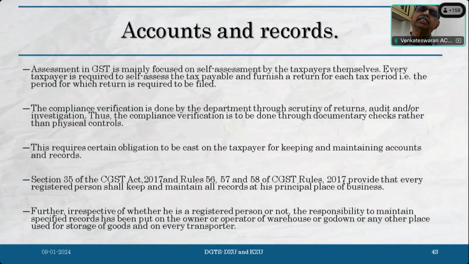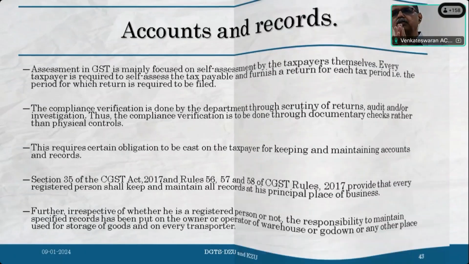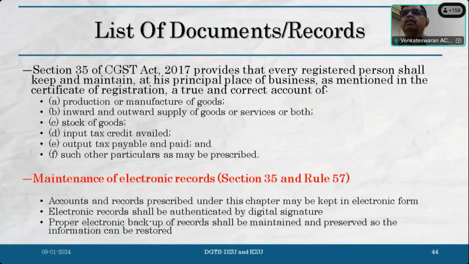Whatever business transaction you are doing with reference to GST, these documents must be prepared and handed over to the officer concerned whenever they ask. Here we also know the list of documents given, the production documents, inward documents, and the law permits you to maintain the documents in electronic mode also.